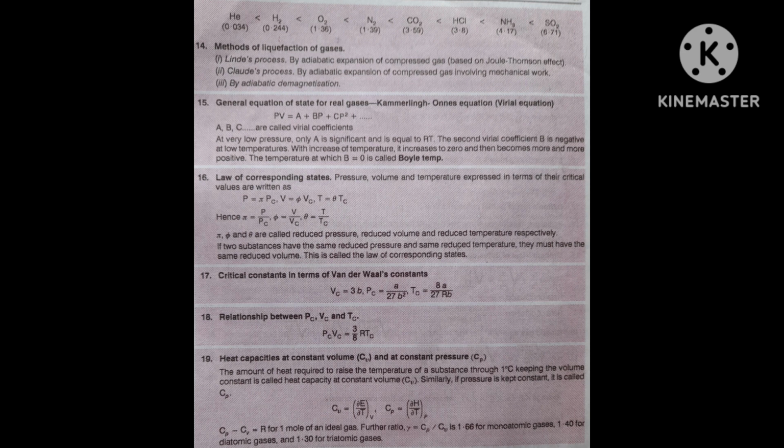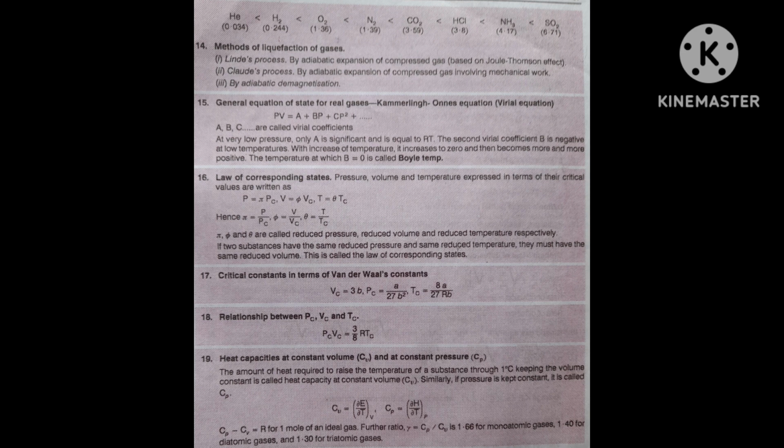If pressure is very low, only capital A is significant and is equal to RT. At very low pressure, PV is equal to RT. At very low pressure, only A is significant and is equal to RT.